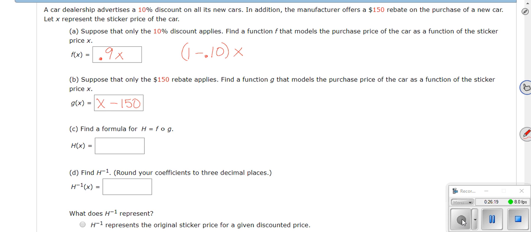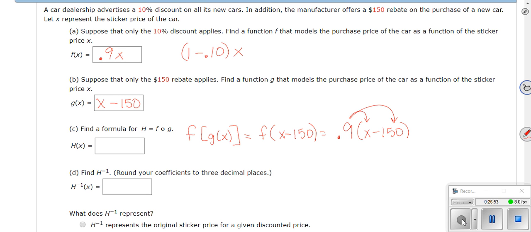This is the same thing as f of G of X. Essentially what they're saying is we're taking the rebate off first, then we're applying the discount. So this is g of x, x minus 150, and now we apply the f function: 0.9 times (x minus 150). And you would have to distribute your 0.9 to get your function.